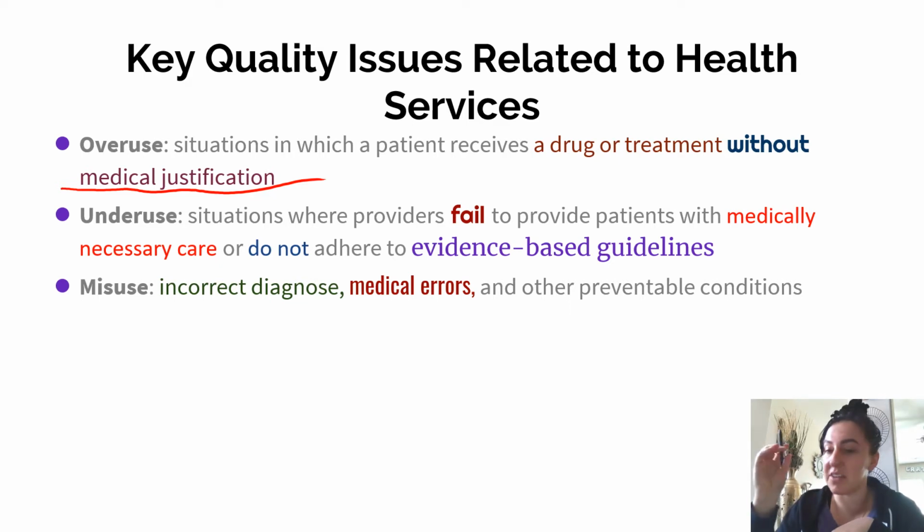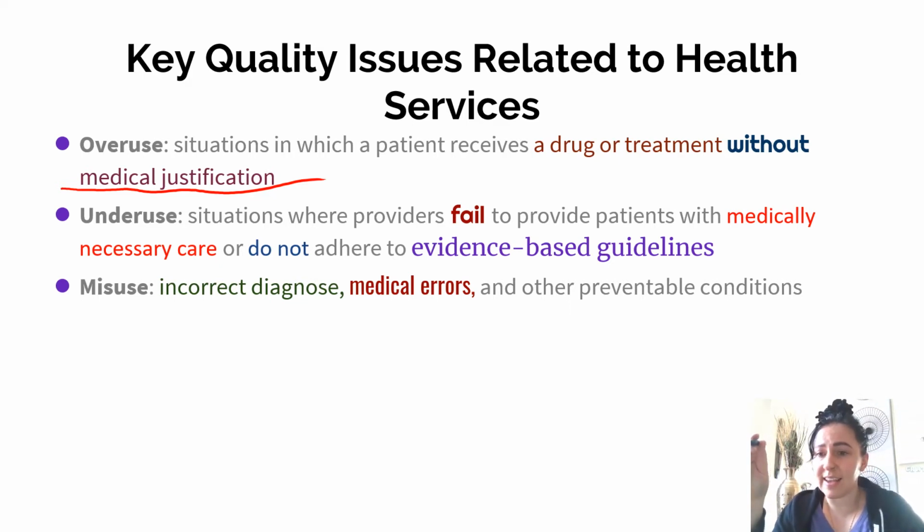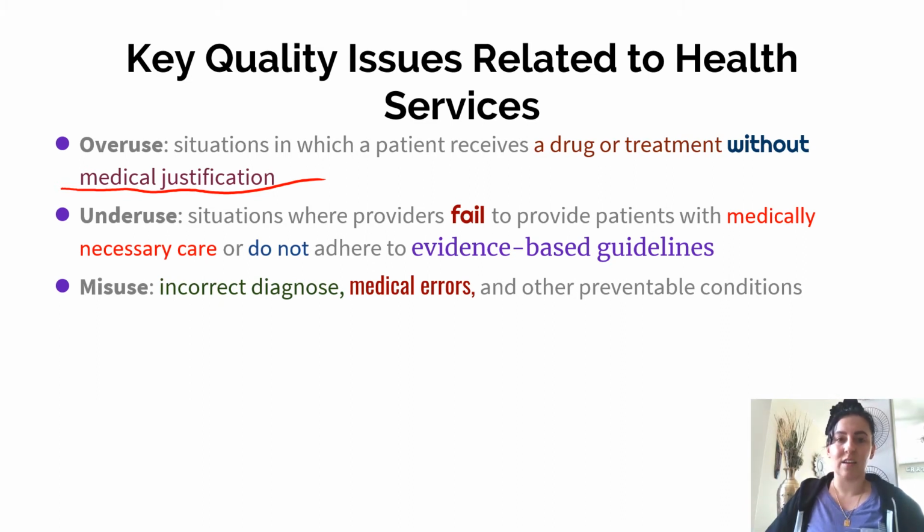Maybe their diagnosis requires a certain treatment according to our evidence-based guidelines, standards of practice, and you're not meeting them there. You're giving them less than that because maybe you're trying to save money. Maybe you're trying to save your energy or whatever. So you give them less.